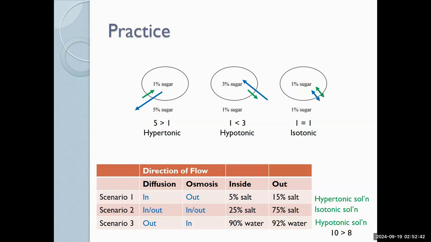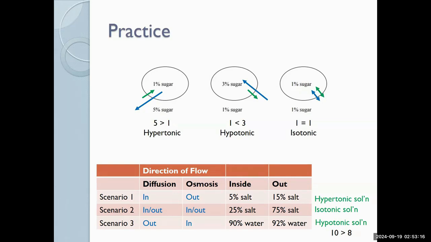In our table, we can see scenario 1 is describing a hypertonic solution outside relative to the cell. So diffusion moves in, water moves out. In scenario 2, there's movement going both ways, of course, but salt is going to move in more rapidly as water moves out more rapidly.